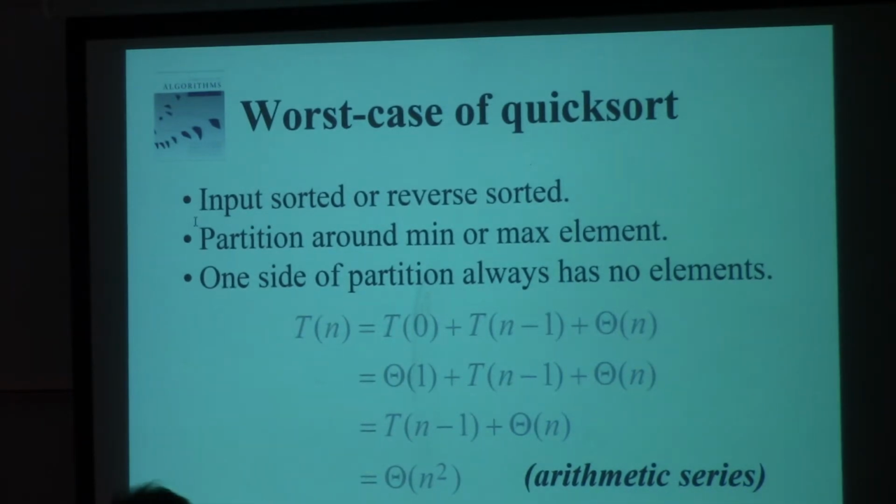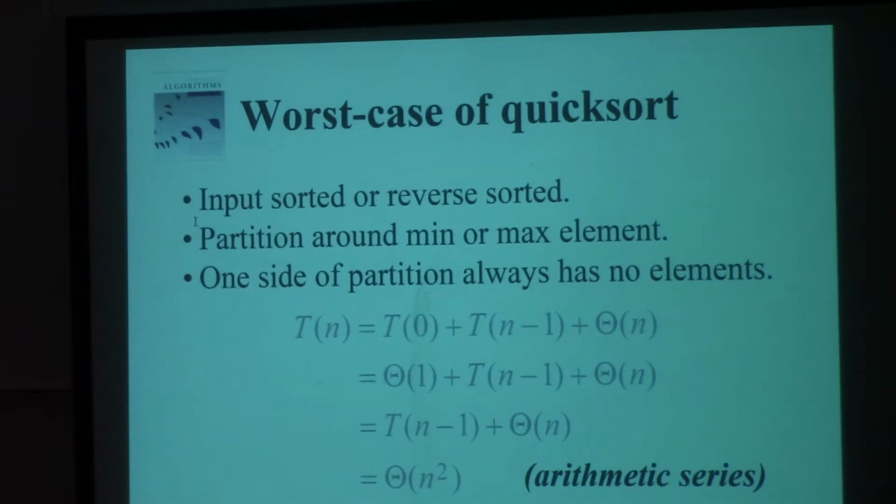So you see what's going to happen here. We have t of n in the worst case is 0 on either the left or the right, and n minus 1 on the other part. What is theta n? What does theta n represent? The partition cost.